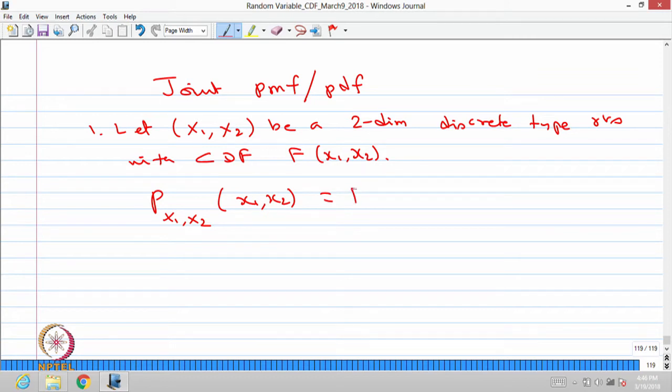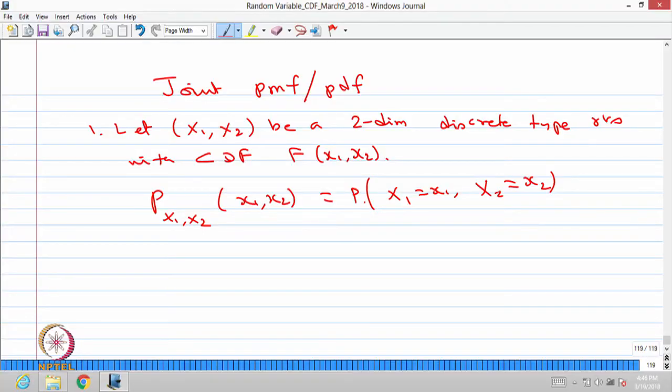That means the probability of x1 takes a value small x1 and x2 takes a value small x2, where small x1 is the images of x1 or ranges of x1 and small x2 is the ranges of the random variable x2 or the images of x2.